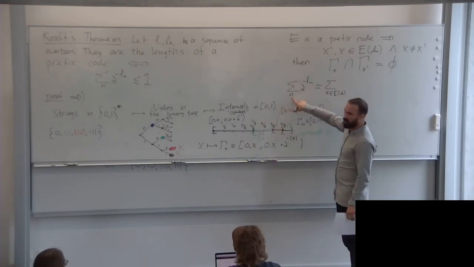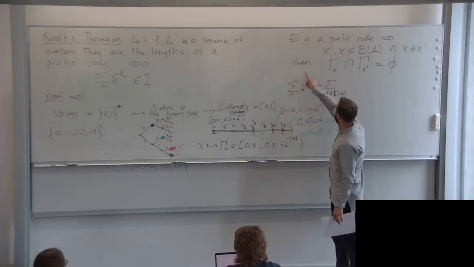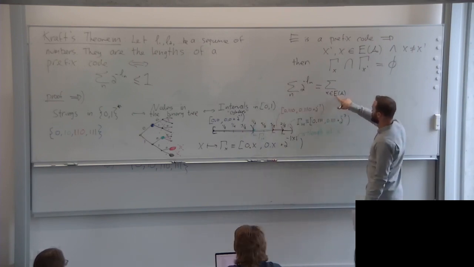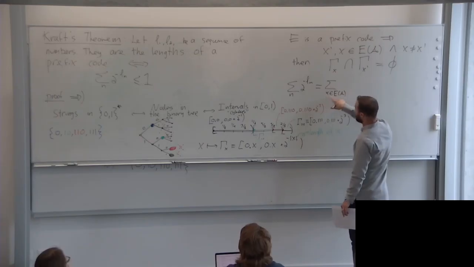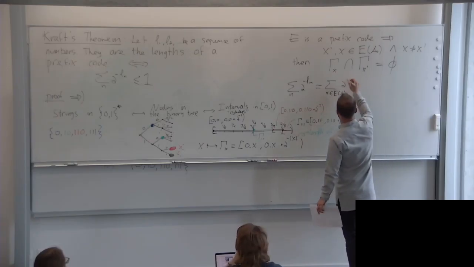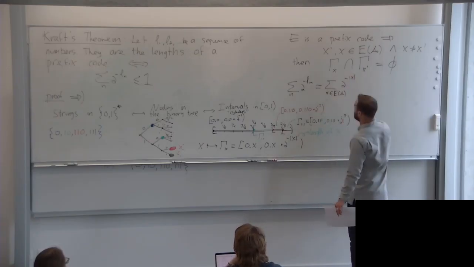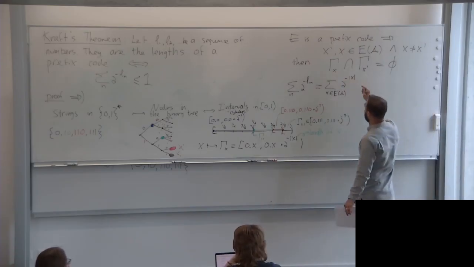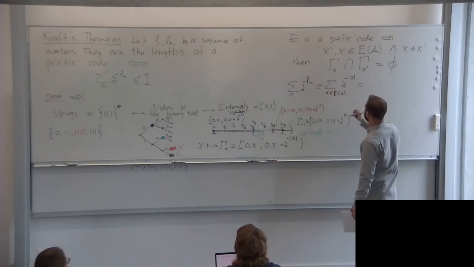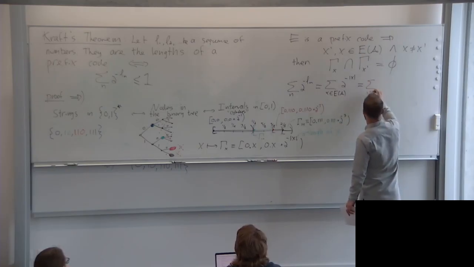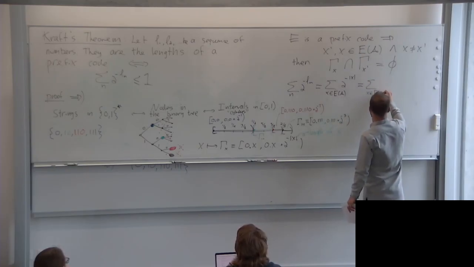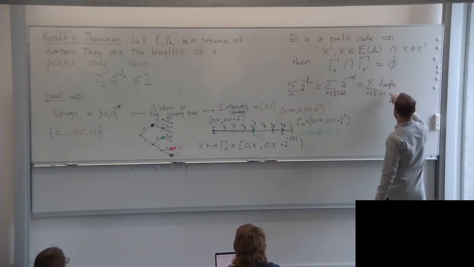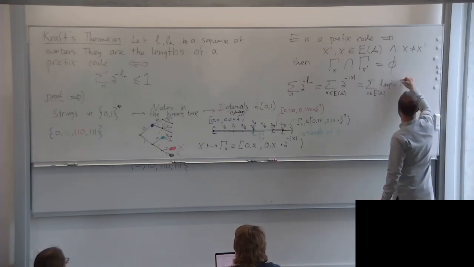So this was the sum over all numbers, but now the assumption is that these numbers are in fact the lengths of a prefix code. This is my prefix code, and these are the code words. So now I'm summing over all code words 2 to the minus length of x, right? And then I can reinterpret this as the lengths of my intervals: the sum over all code words of the length of gamma x.